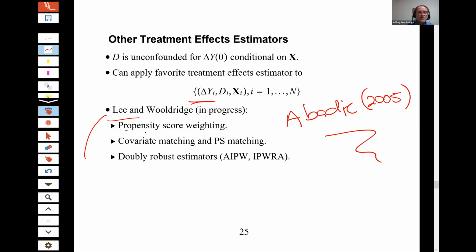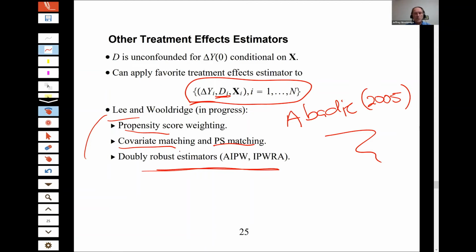So if you like to use propensity score weighting, you can do that. Here's your data set, we're going to estimate a propensity score model for the treatment. If you like to use some sort of matching, whether it's on the covariates or propensity score, you can do that too. I actually like these doubly robust estimators as a way of modeling the mean function for the change in Y, as well as the propensity score, and then getting this doubly robust property out of having to only correctly specify one of them.